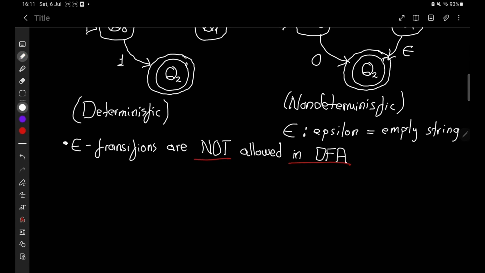Okay. And before finishing, I want to write some important things for DFA and NFA. First, both DFA and NFA recognize the same set of regular languages. So we can say DFA and NFA recognize the same set of regular languages.